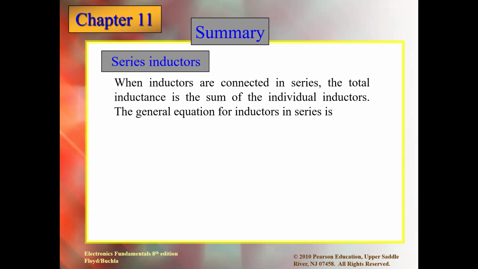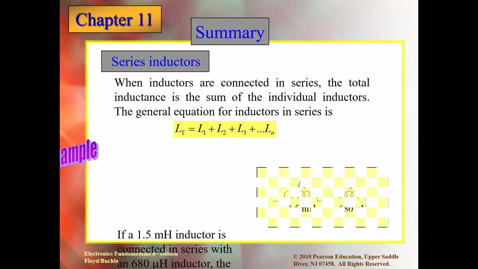When inductors are connected in series, the total inductance is the sum of the individual inductances. The general equation for inductors in series is LT equals L1 plus L2 plus L3 up to Ln. This is similar to the formula we use for resistance in series.